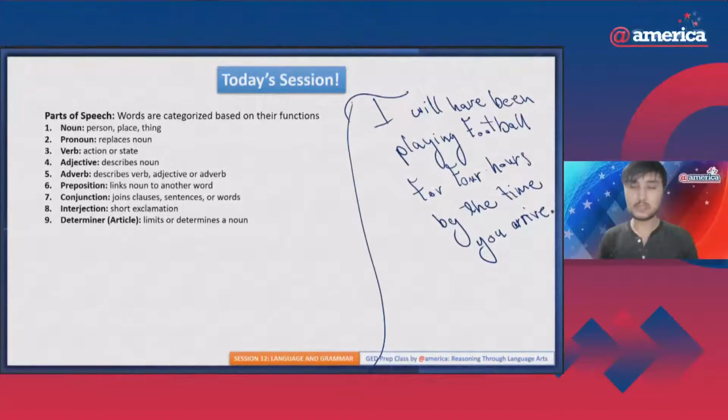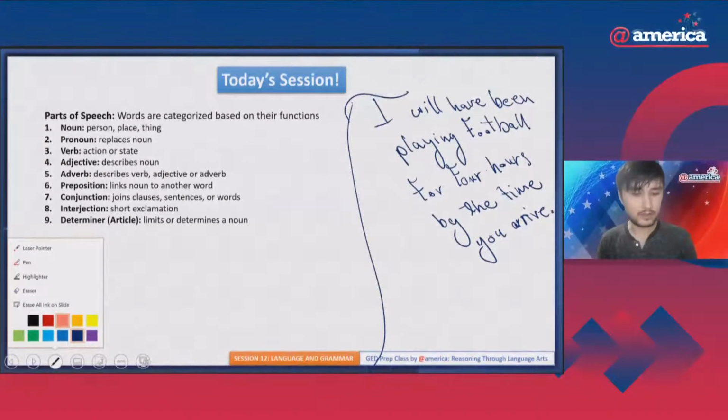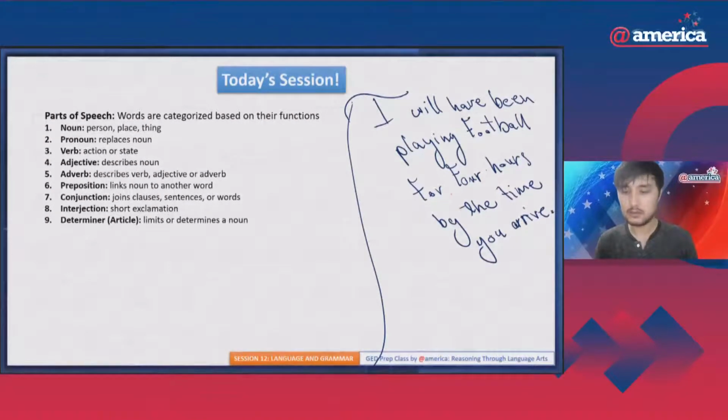So this is a future perfect continuous tense, and you want to focus on the duration of the action. That's why I have used this time, 4 hours.